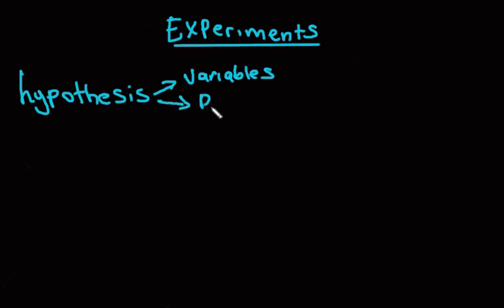Secondly, we have to consider the relationship between those variables. Meaning, in your hypothesis, we have to talk about the relationship between the variables. Thirdly, it must be testable. So that is the criteria you need to consider to formulate a hypothesis.